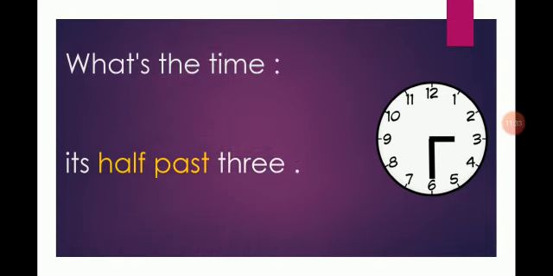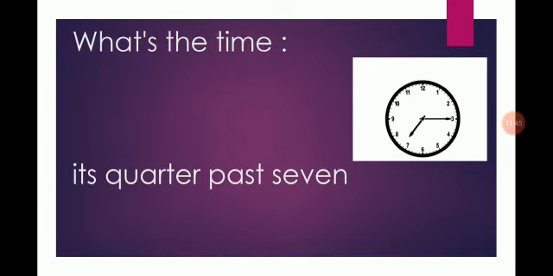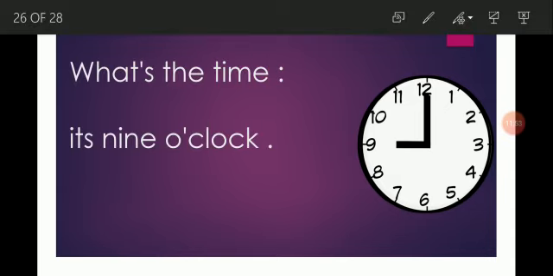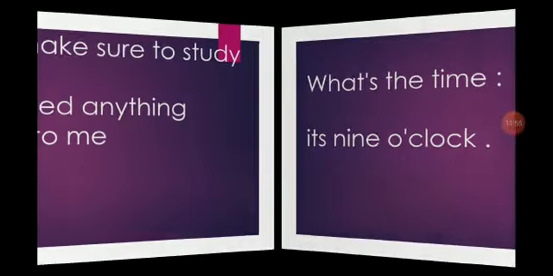That's mean it's half past 3. الساعة 3 ونص. It's half past 3. Here الساعة 7 وربع. وربع in English mean quarter past. So it's quarter past 7. Here الساعة في تمام الساعة 9. That mean it's 9 o'clock. It's 9 o'clock في تمام الساعة 9.